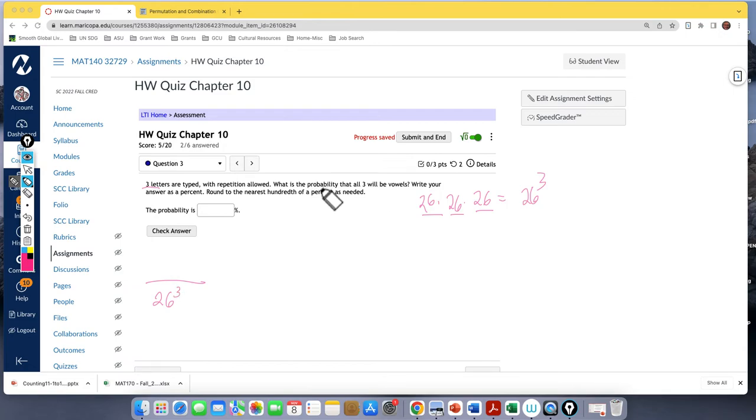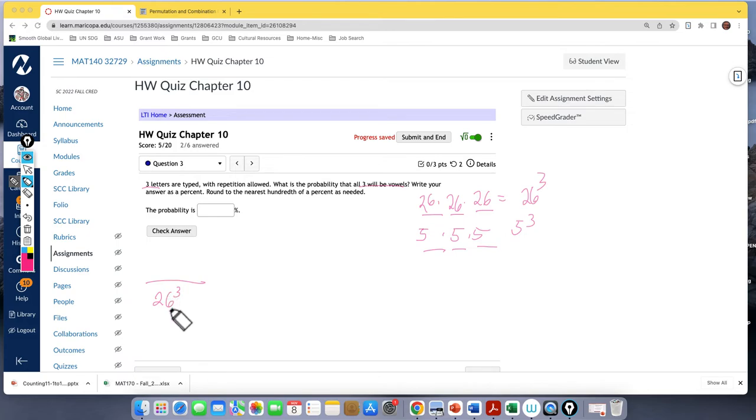And then the event we're wanting is that all 3 will be vowels. Answer as a percent. Now, if they're all going to be vowels, we're getting 3 letters, but repetition is allowed. How many vowels are there in our system? 5. Since we can still have repeats, that would be 5 times 5 times 5, or 5 to the 3rd, right? So if mine says 5 letters are typed in, I go 5, 5, 5, 5, 5.